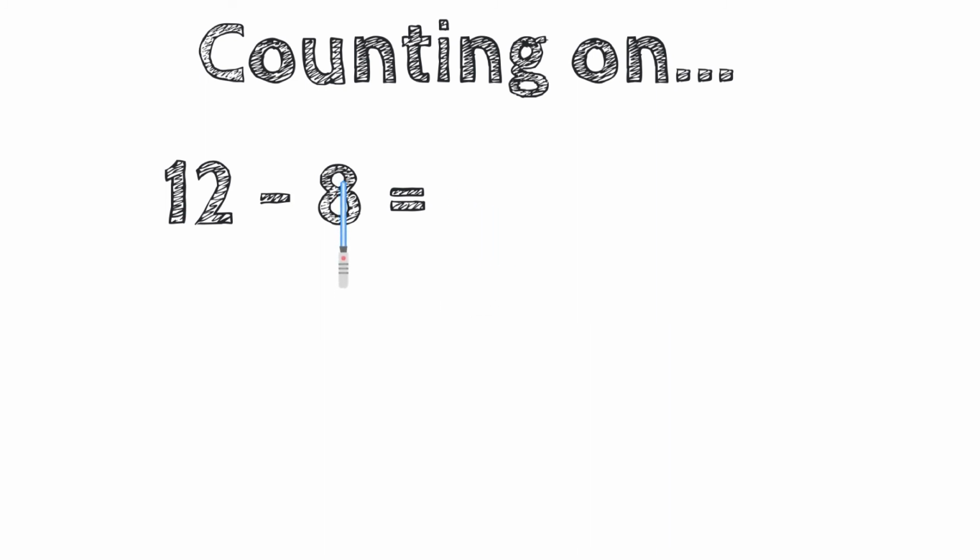So how many is it to go from 8 over to 12? To do that, we write down the number 8 first, and then we draw dots to count on all the way up to 12. So we have 8, 9, 10, 11, 12.